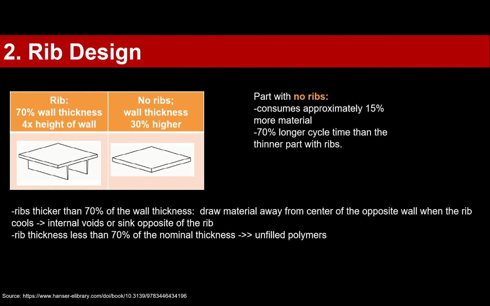So this we have to avoid, and if you need ribs which are thicker than 70%, you can use, for example, more impact modified materials. They can also reduce these internal voids. Rib thickness less than 70% of the nominal thickness is perfect for unfilled polymers. So you don't even need to take the 70%, you can go thinner.